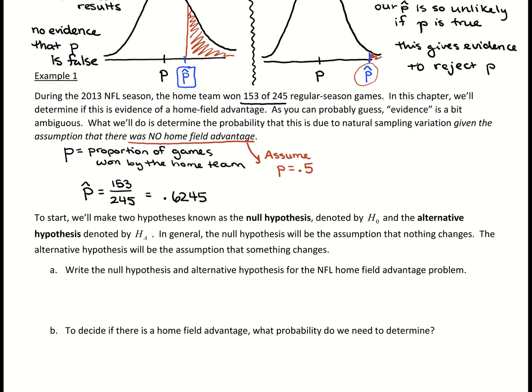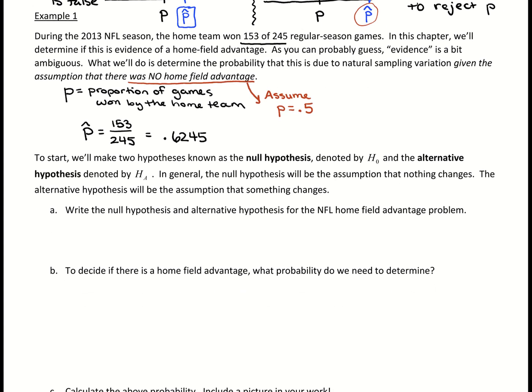Some notation. The first step that we do with our hypothesis test is we state a null hypothesis, which we write as H with a subscript of 0. And then there's an alternative hypothesis, which is written as H with a subscript of A. In general, the null hypothesis is what we assume is true.